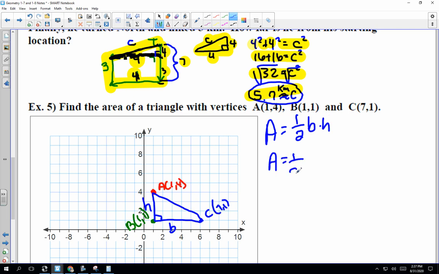Here's the beauty of graphing it. We can count. So the base is 1, 2, 3, 4, 5. And the height is 1, 2, 3. Half of 15 is 7.5.